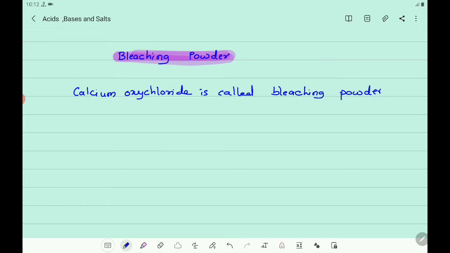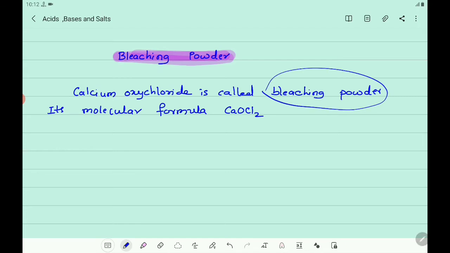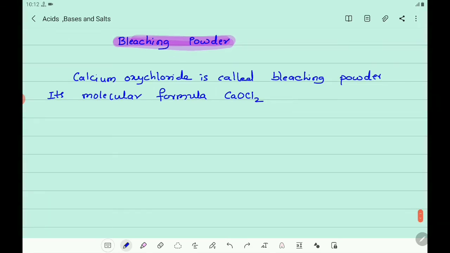Its molecular formula is CaOCl2. The molecular formula of calcium oxychloride is CaOCl2 and it is commonly called bleaching powder. It is a common name of the chemical calcium oxychloride.